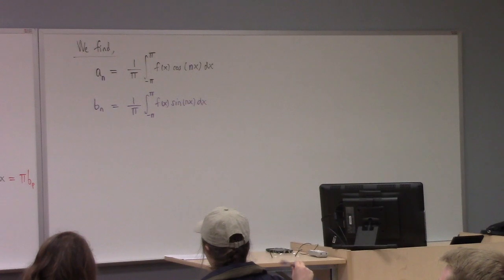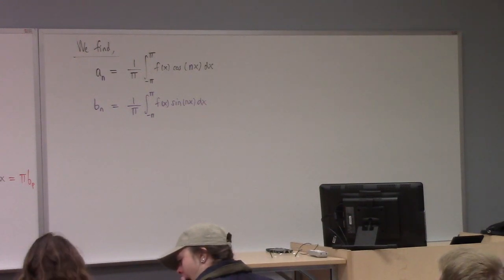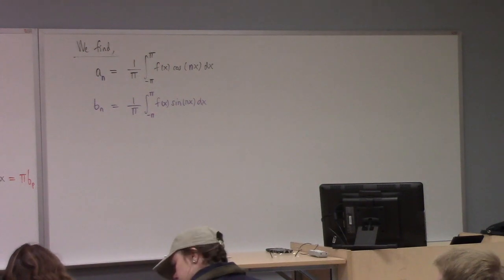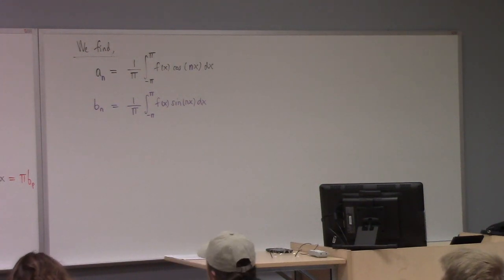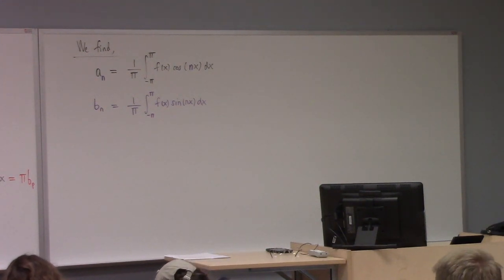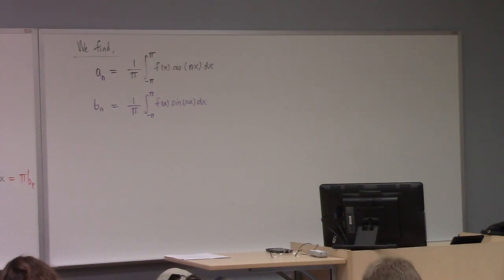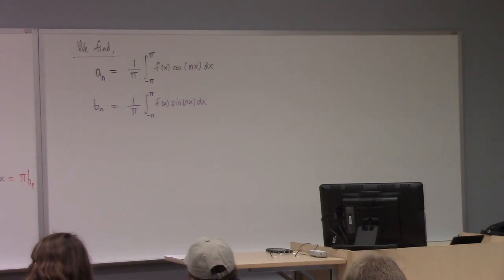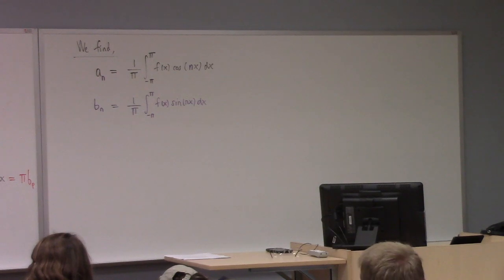What about a sub 0? How do we calculate a sub 0? What if we take f of x inner product with 1? What happens there? I'm sorry, I'm still messing it up. What if I take the inner product of Pac-Man with 1?